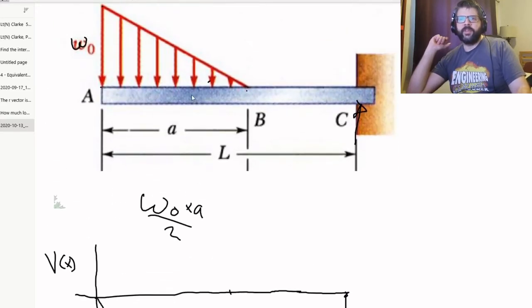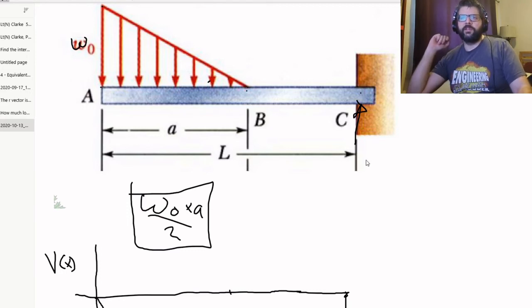So the moment at that point is going to be a function of how much this force is times the distance from here to wherever that force acts.